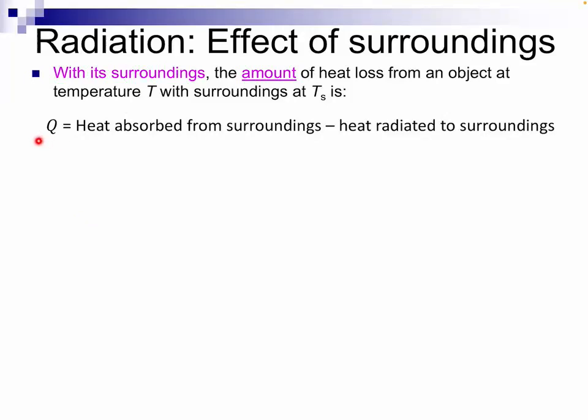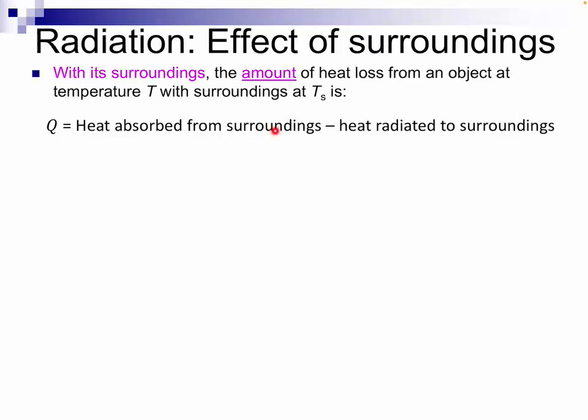So the total amount of heat transferred by radiation will be equal to the heat absorbed from the surroundings, how much energy I absorb from the radiation you're emitting, minus the amount of energy that I emit via radiation.